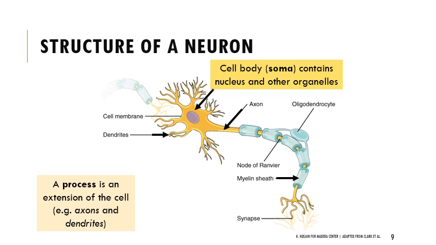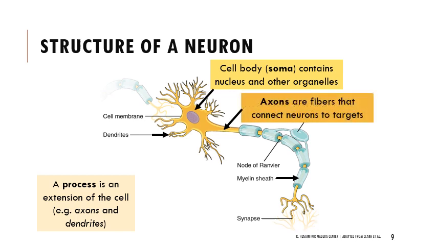It's the extension of the cell, so an axon or a dendrite, something sticking out. A process, though, also in physiology refers to some series of events. So we have the anatomical sense of process, the extension of the cell, and the physiological context, which is something happening. So here with the neuron, a process means axon or dendrite.